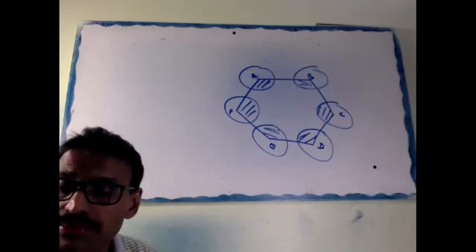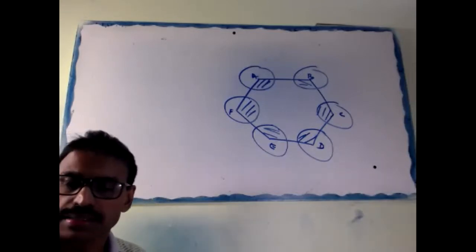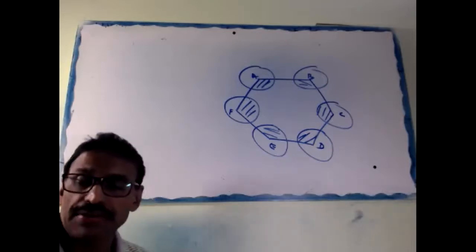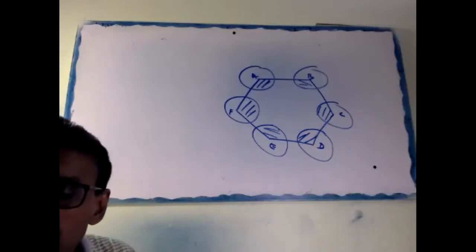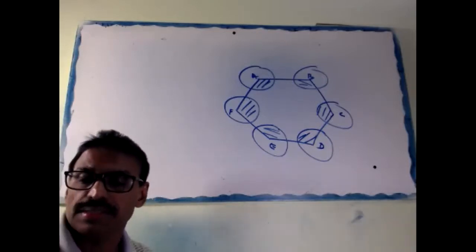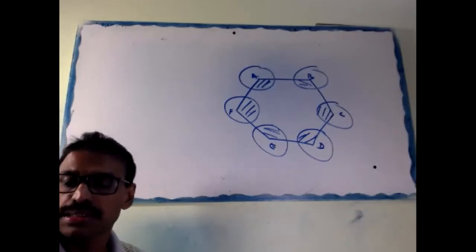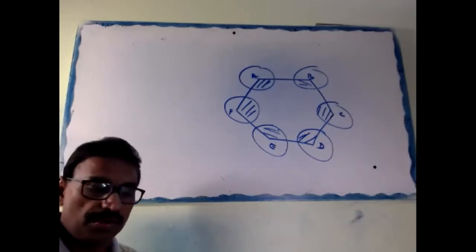Circles are drawn with same radius, all same radius. Then find the area of the shaded region. Okay, Zara and Vincent, you got the question now, right?